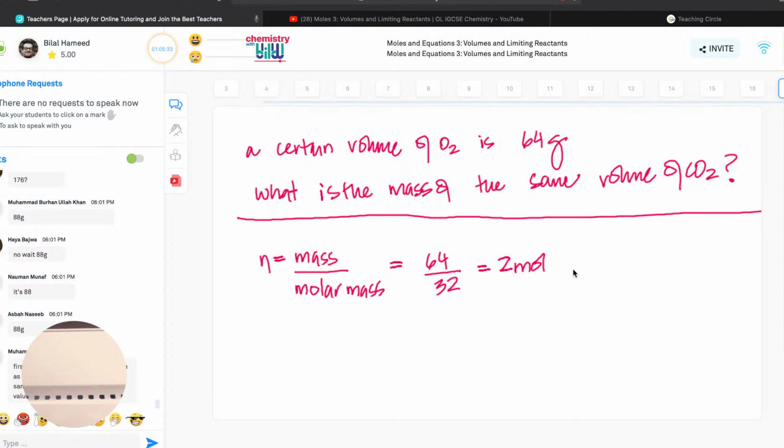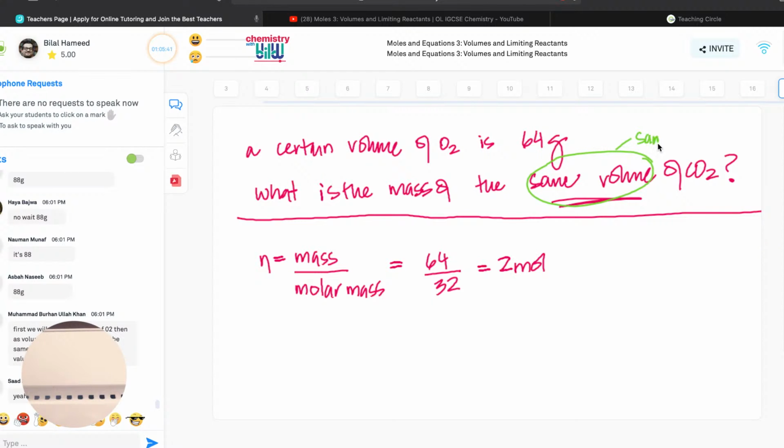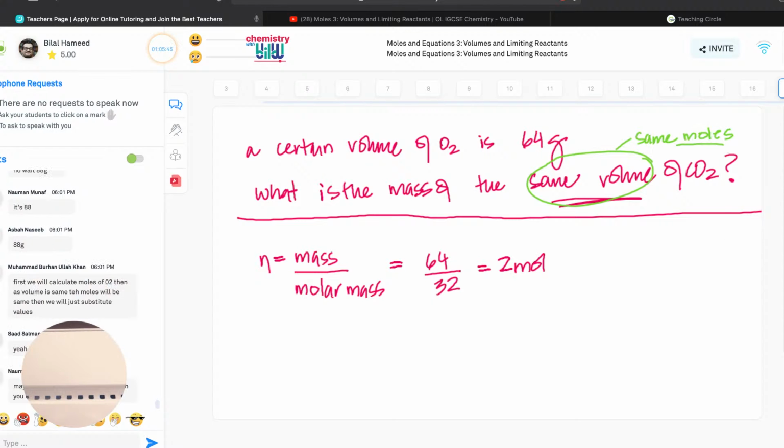So if they have 2 moles, when they say same volume, the trick is knowing the same volume means what? Same moles. And so if there's 2 moles of O2, what they mean is it's also 2 moles of CO2. Yeah?